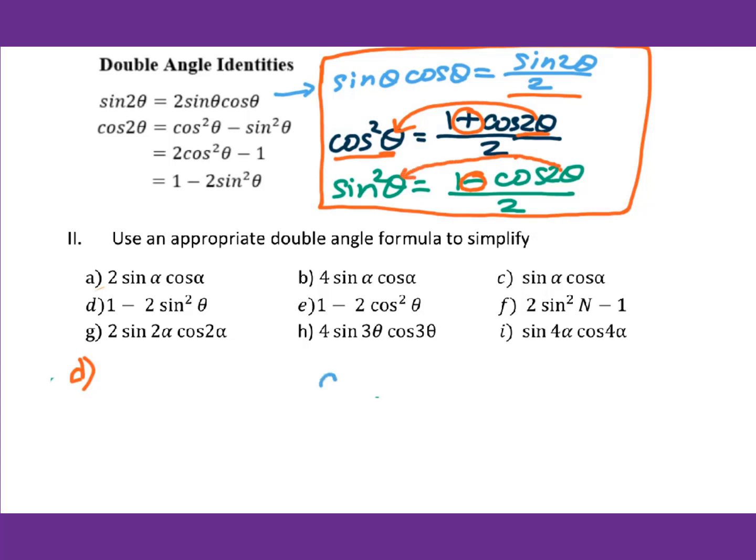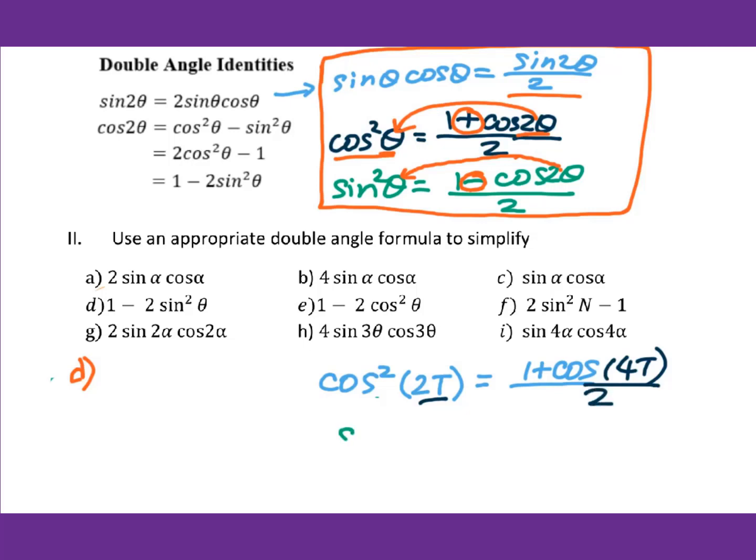For example, if I have cosine square 2t, you will get 1 plus cosine. Double this angle, that will be 4t, over 2.